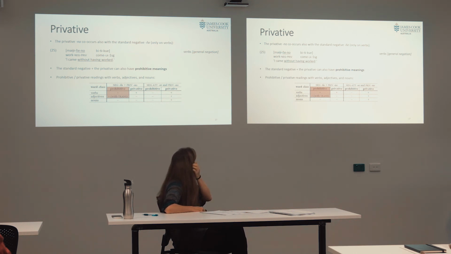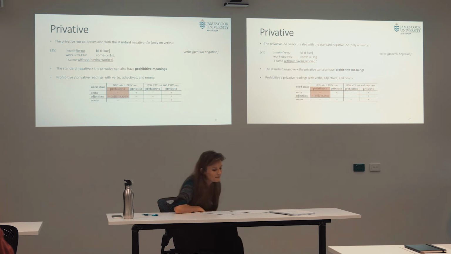So in 25 we have "Majhe nie bitekły." I came without having worked. There is no interpretation of having ability or not having ability. This is simply I came without having worked. Such a construction where the standard negative is followed by the privative no can also have prohibitive meanings in Murui.